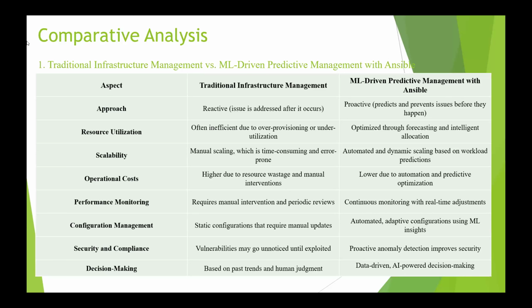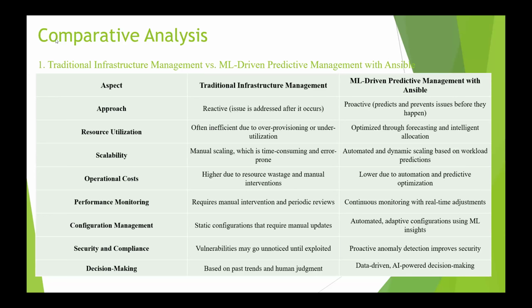Now after that we apply the machine learning model to forecast future issues, feeding the collected data into the predictive machine learning model. For example, the time series model for forecasting resource usage, the regression model for predicting when memory or CPU will exceed threshold, and clustering to detect abnormal workload patterns.